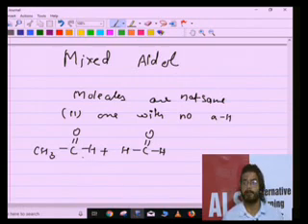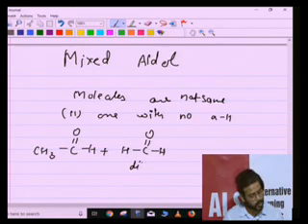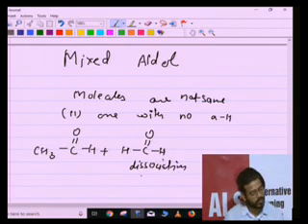Okay? So in this case, only one product is formed, because since it has no alpha hydrogen, it has only one option, and this option is dissociation of carbonyl group or carbonyl carbon.